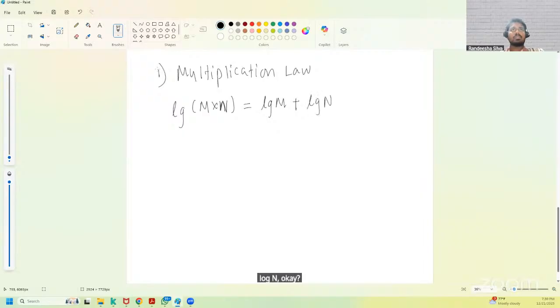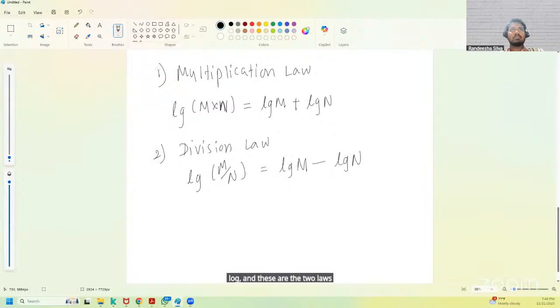And the second is the division law. Division law will be log of m divided by n equals log m minus log n. These are the two laws.